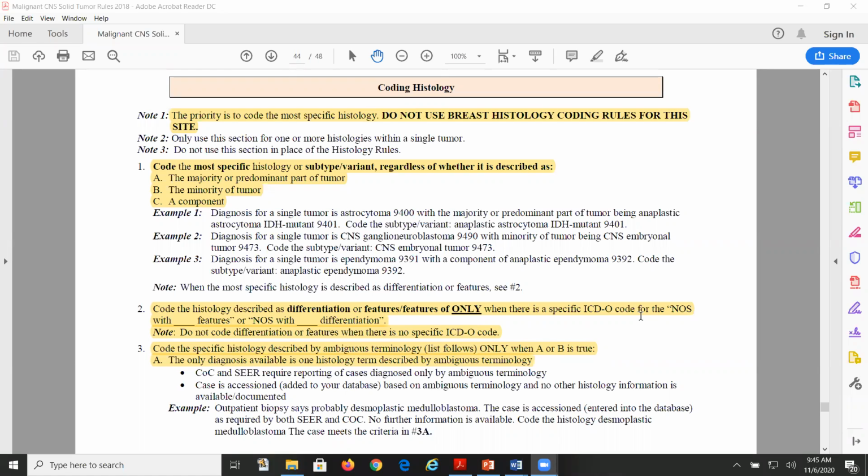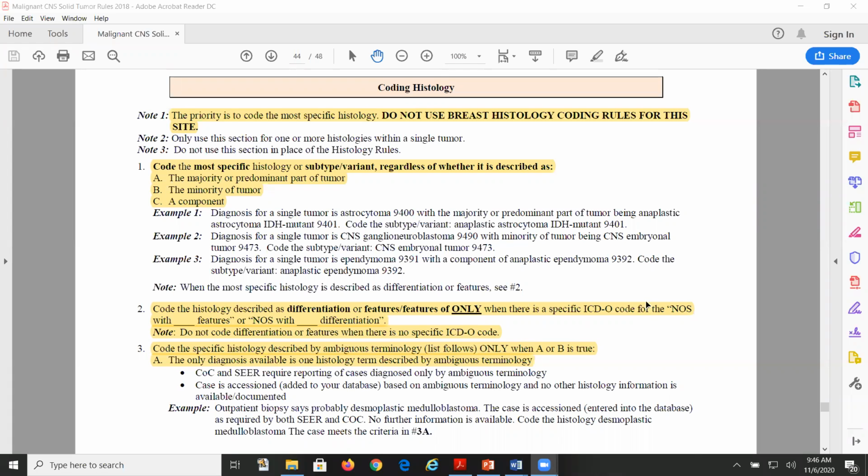Now, here's another example, and we've seen this a whole bunch. Say, for example, you have a lung pathology case, and the pathology final diagnosis is non-small cell carcinoma compatible with squamous cell carcinoma. You should code that as non-small cell carcinoma.